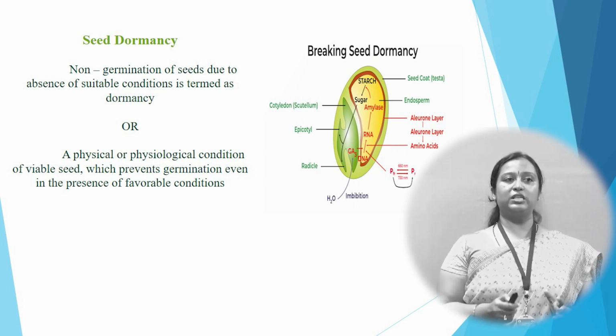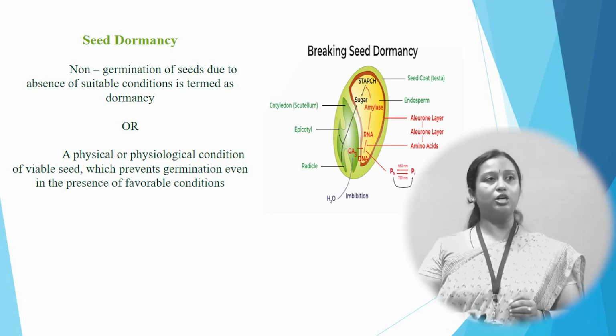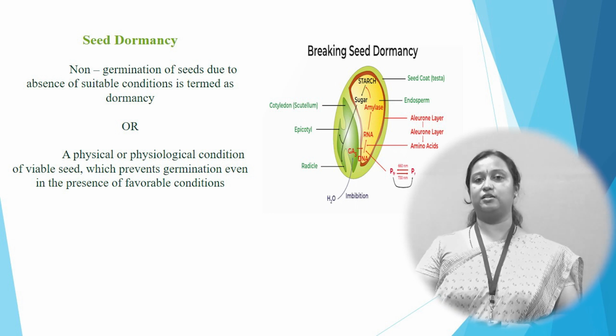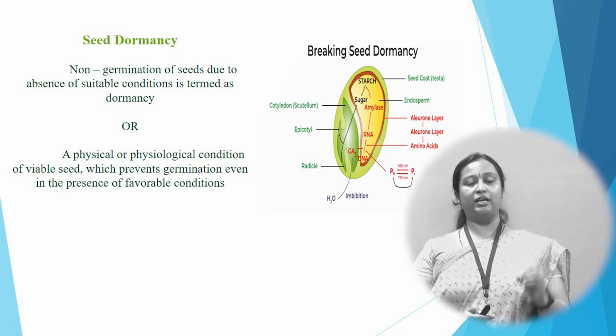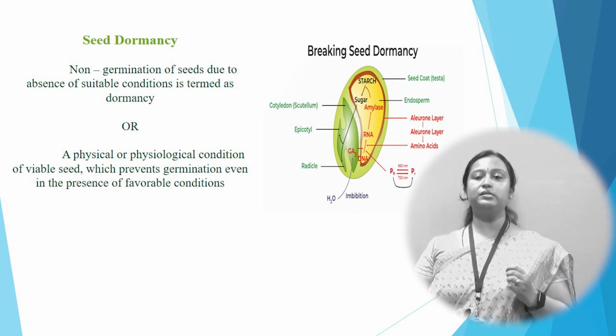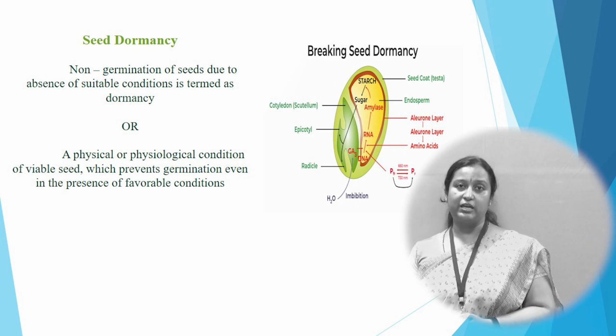These are the common parts of the seed. Dormancy is defined as non-germination of the seeds due to the absence of suitable conditions. It can also be defined as a physical or physiological condition of a viable seed which prevents germination even in the presence of favorable conditions.